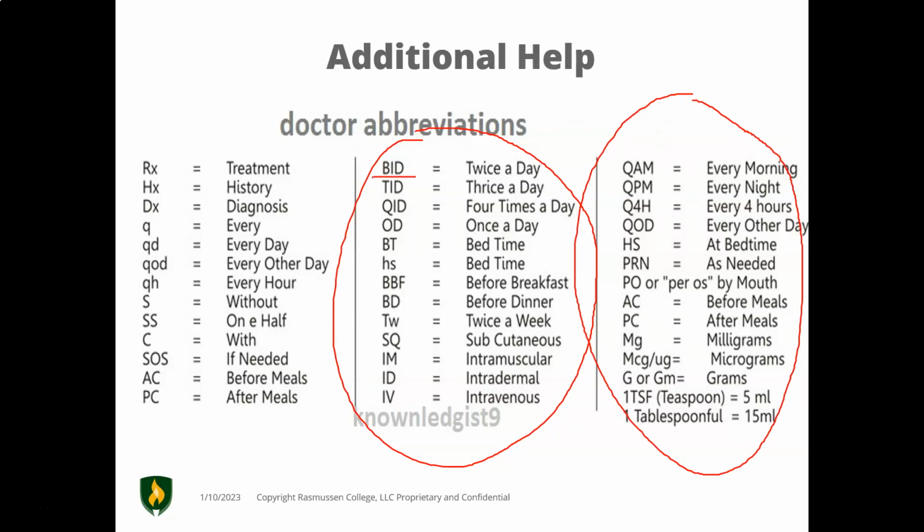Biggest ones being BID, TID, QID, and OD. Respectively, BID is twice a day, TID is 3 times a day, QID is 4 times a day, and OD is once a day. I would highly recommend that you pause the recording here, either write those down or take a screenshot of them, whatever you need to do so that you have them for your course project assignment.